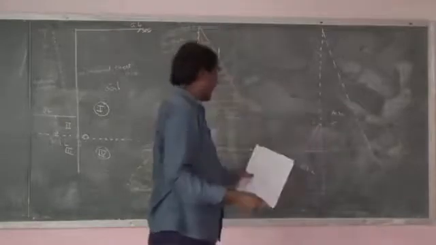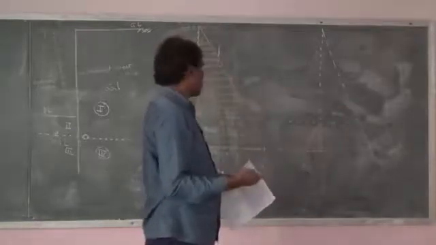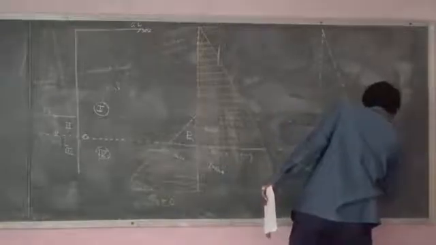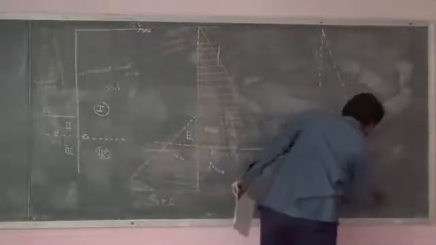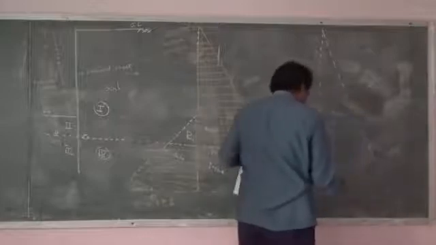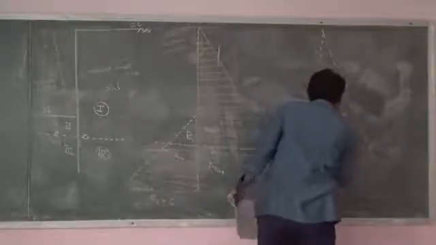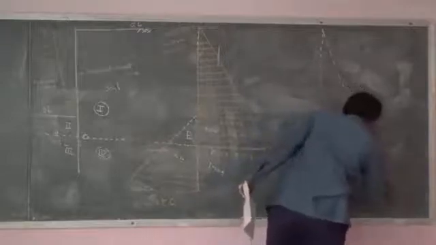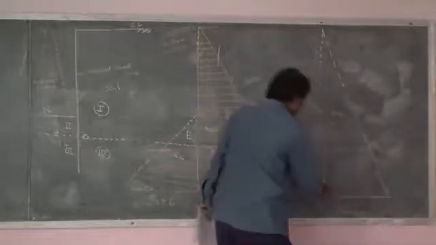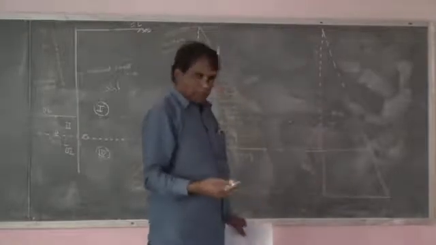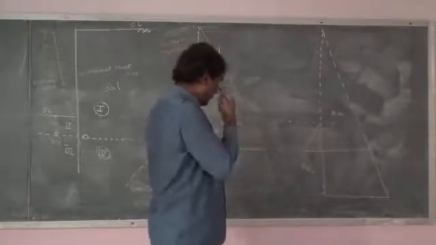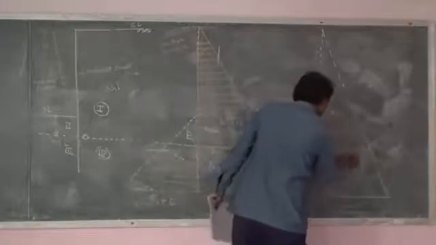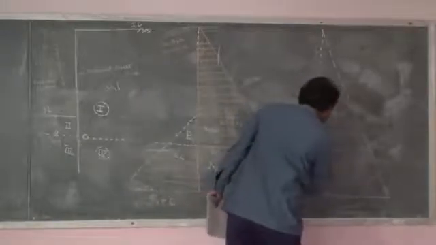So here I am drawing only passive pressure. So now when you extend this one, this will be like this. And this fourth portion is also passive pressure diagram. So now here the pressure will be like this.